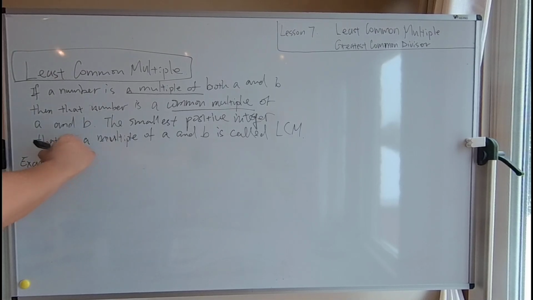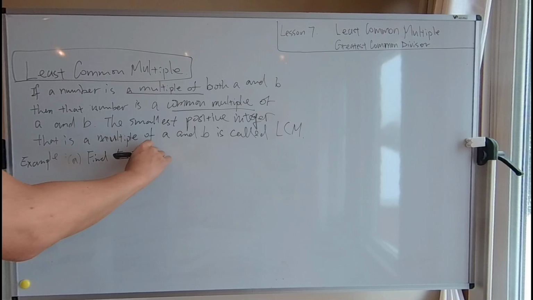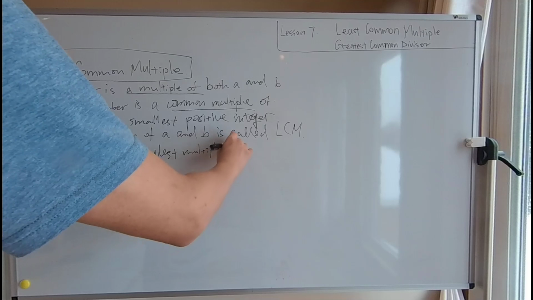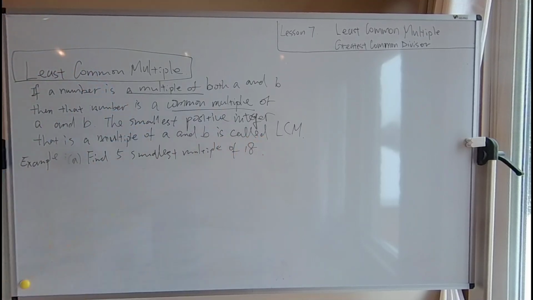So first of all, this is the first part. Let's try to find the 5 smallest multiples of the number 18. A multiple of 18 is a number that is 18 times an integer n.